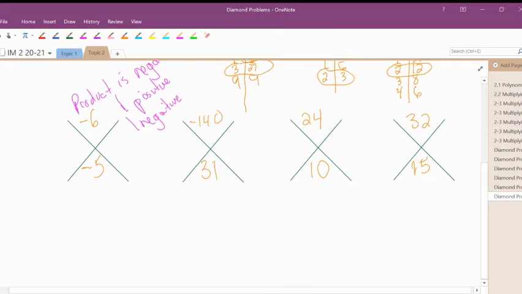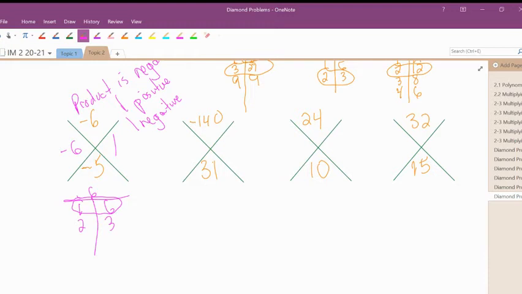So again, we look at our numbers. We got 1 and 6, 2 and 3. That's it. Can we find the difference of any of those two that will be 5? Yeah, right here. But of course, the 6 has to be negative, because negative 6 plus 1 is negative 5. So the bigger number was negative because our sum was negative.